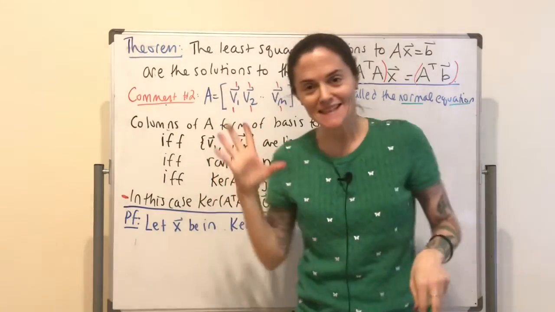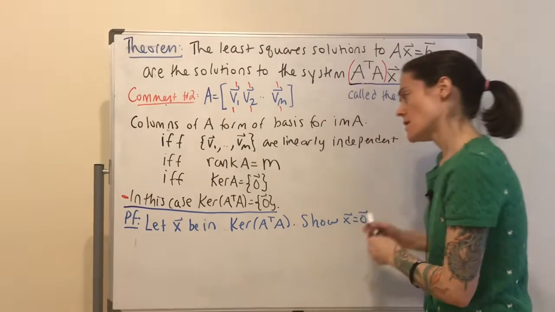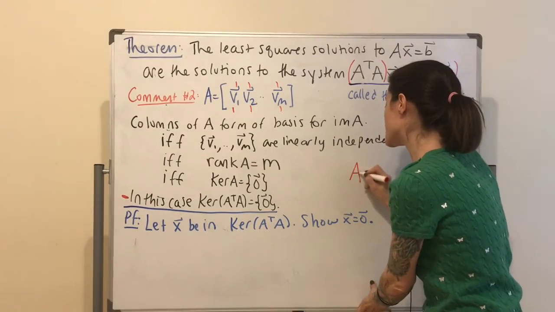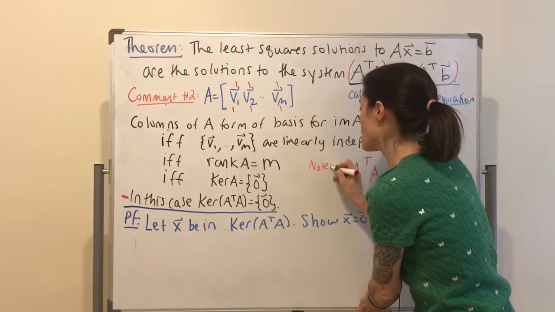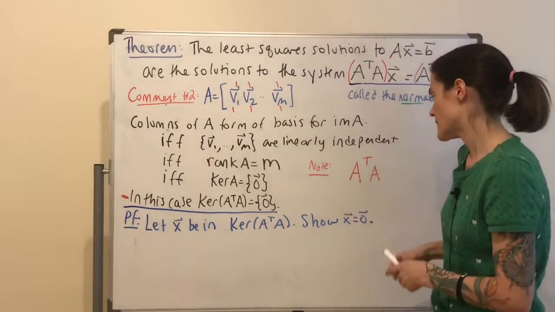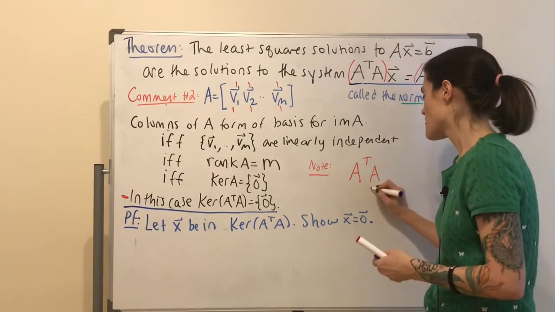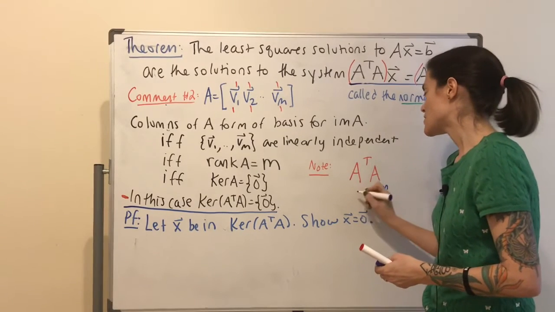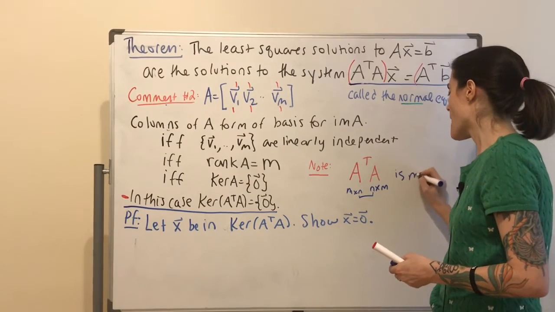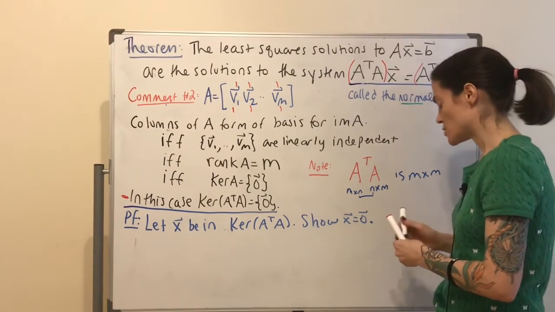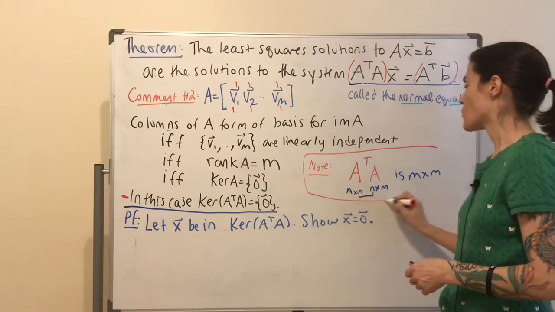What is the size of this matrix? I wanted to note that it is square, but we can definitely think about this. A is n by m. A transpose is m by n. This is m by m. Maybe I'll put a little box around that. So this is always square.